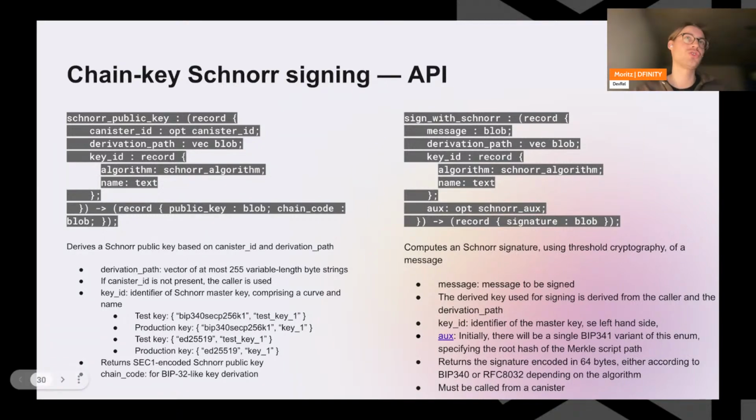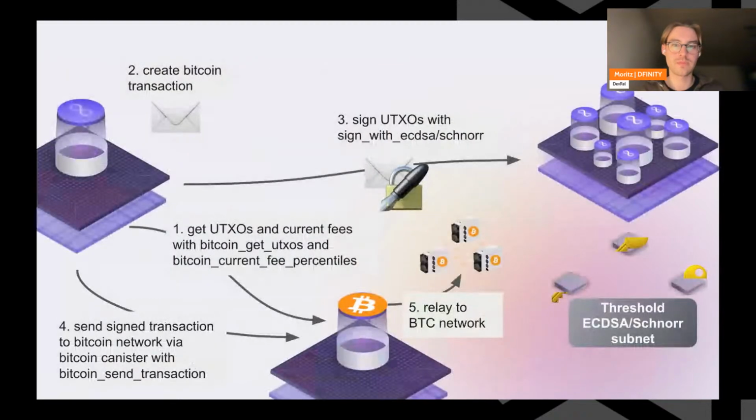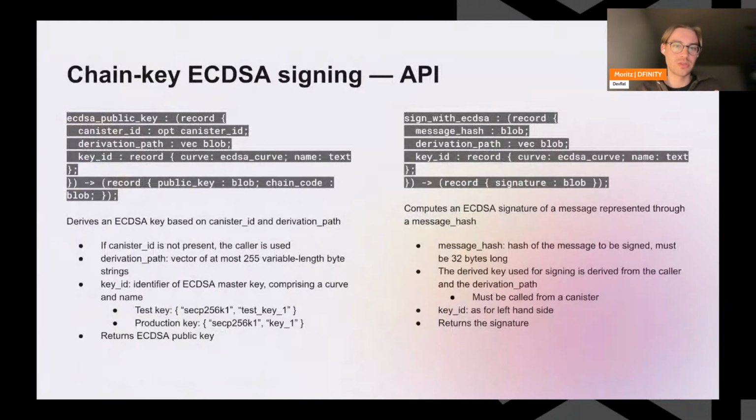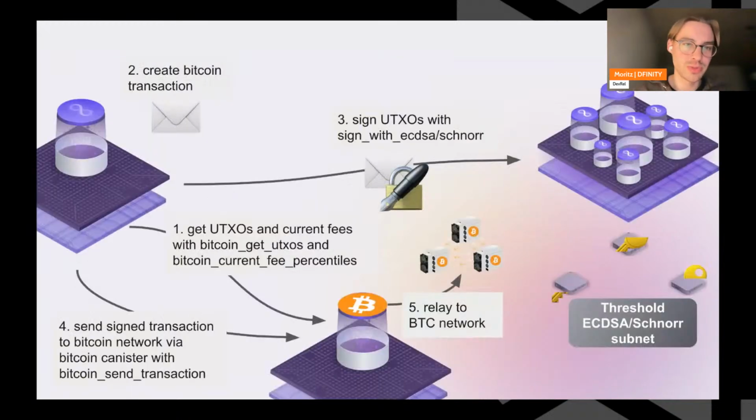And for chain key Schnorr, it's basically the same thing, right? One function to derive the public key on the left-hand side, and another one to actually create a signature. You can take a look at this in detail using the QR codes, but I realize I'm a bit slow today, so I'm not going into more detail here.